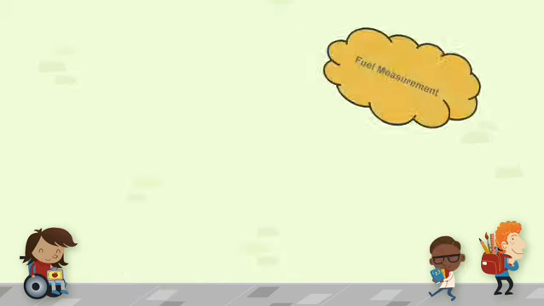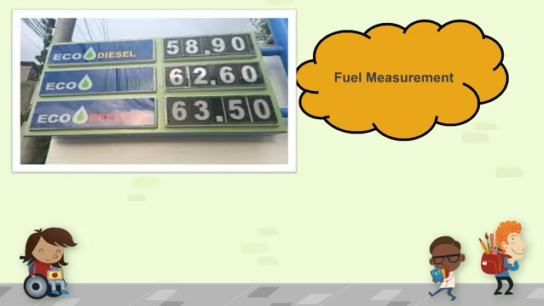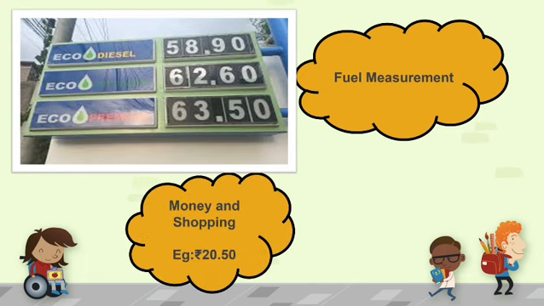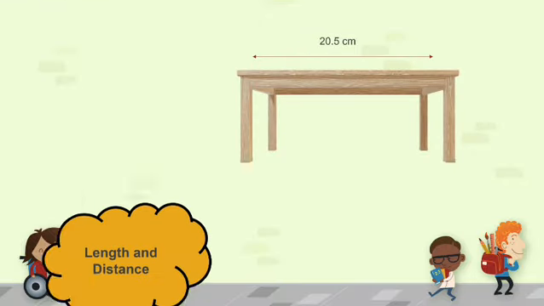Where else do you see? Fuel measurement like petrol, diesel, the prices are represented in decimal form. Then comes your money and shopping, where your rupees is separated from paise by using point, right?